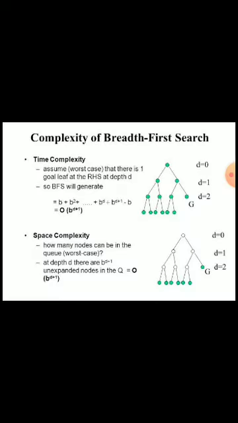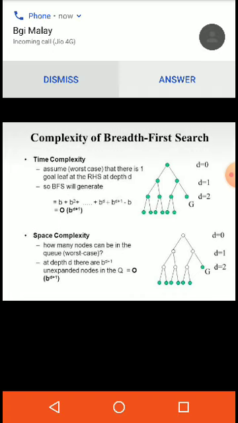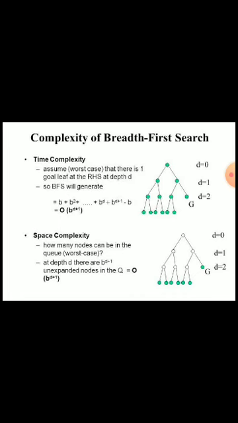Now the complexity of this algorithm depends upon the number of levels you are traversing. Here b is the branching factor and d is the depth.